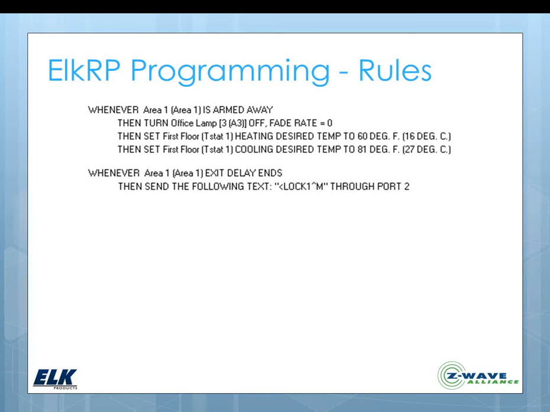Well, that address is directly tied to the port that we specify this string be sent through. So if that M1 XS LZW had been set to address 1, then this would need to say through port 1 instead. So that's very important. You do need to specify that port, and it needs to match the address of your interface.